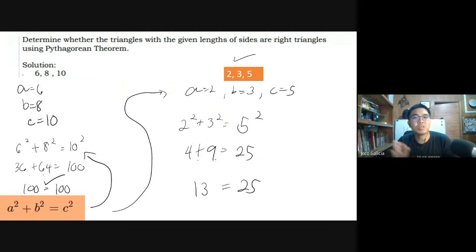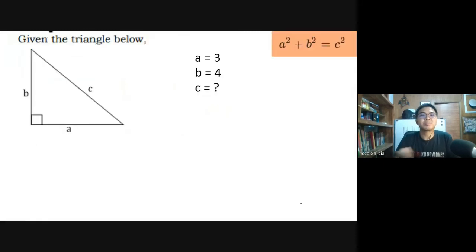Si 13 ba equal sa 25? Siyempre, hindi. So, 13 is not equal to 25. Therefore, it is not a right triangle. Alright? So, let's proceed.